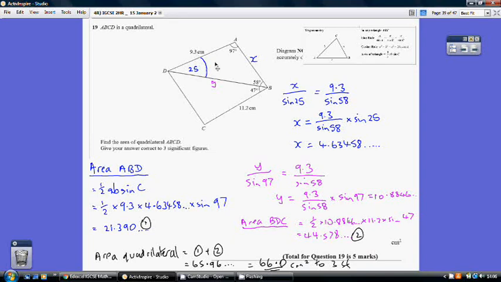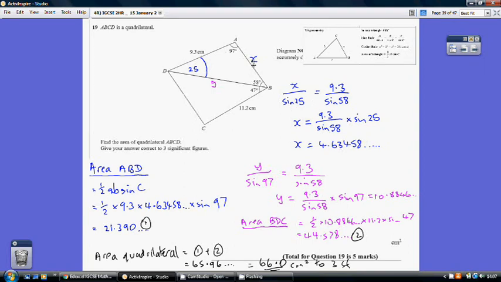I know the 9.3 and the 58 degrees, they're opposite each other. So I can say that x over sin 25 degrees, obviously I knew that was 25 because angles in a triangle add up to 180. So x over sin 25 equals 9.3 over sin 58. That's just using the sine rule. Multiplying both sides by sin 25, I get x being 4.63458.